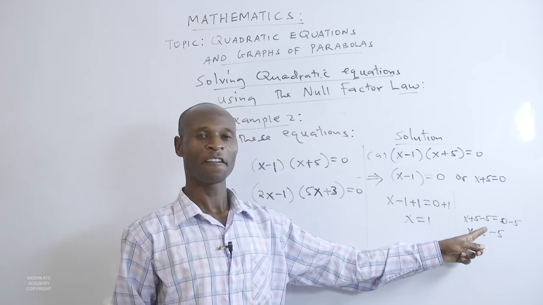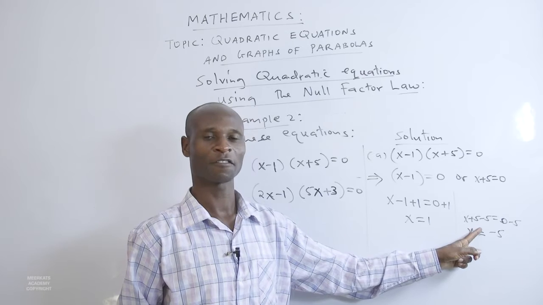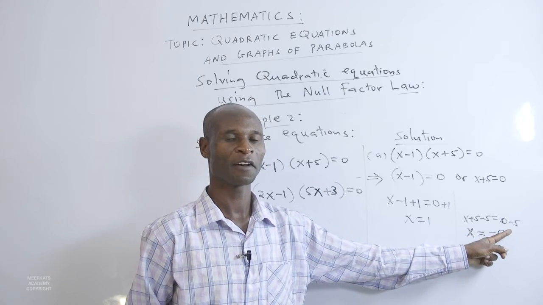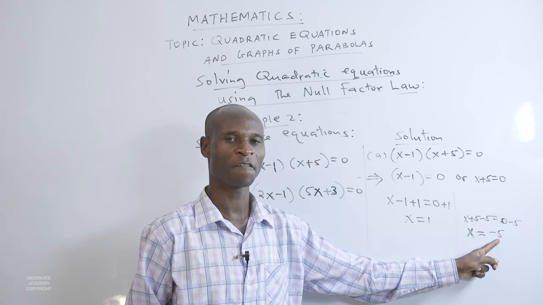If we subtract 5 from both sides, we shall have x plus 5 minus 5, which leaves us with x. Then on the right-hand side, we have 0 minus 5, which gives us negative 5.